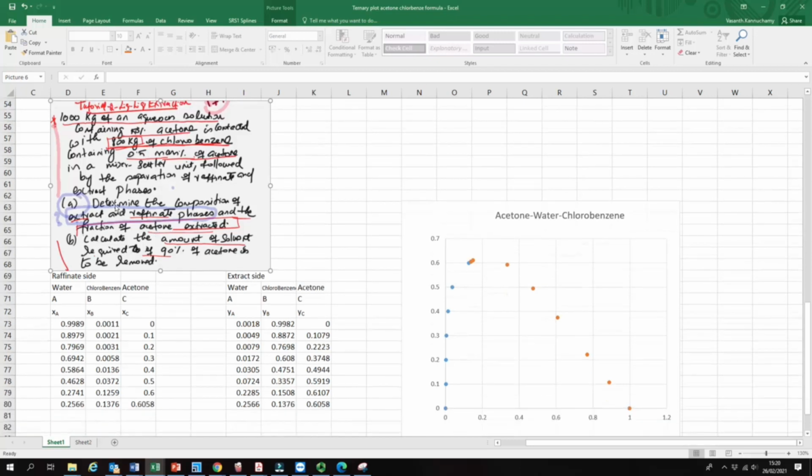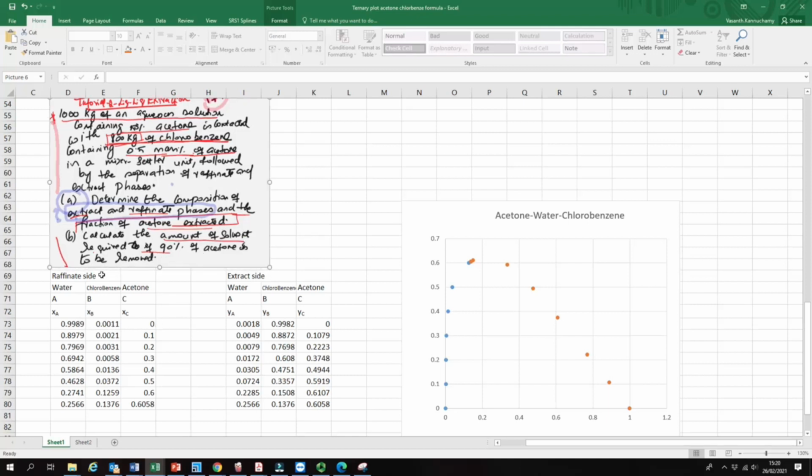What we need to do is determine the composition of the extract and raffinate phases. I already explained this, so I will show you how we can plot this data. Here we have the raffinate side and the extract side, and then we have our carrier liquid, and also our solvent and solute on the extract side, and then we have water, chlorobenzene, acetone on the raffinate side.